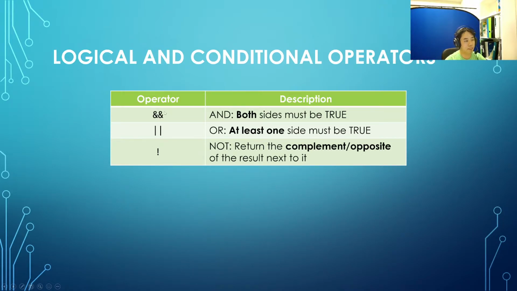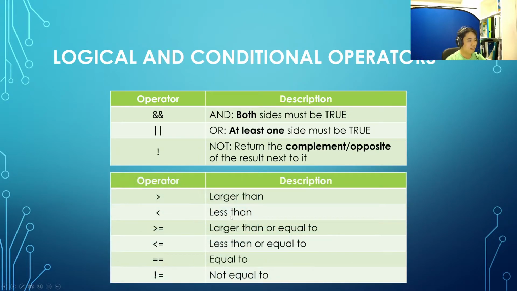We have double ampersand for and, two vertical bars for or, and an exclamation mark for not. We also have conditional operators where we make a lot of comparisons. We have larger than and less than. These two, in math, we call them strictly greater and strictly less.